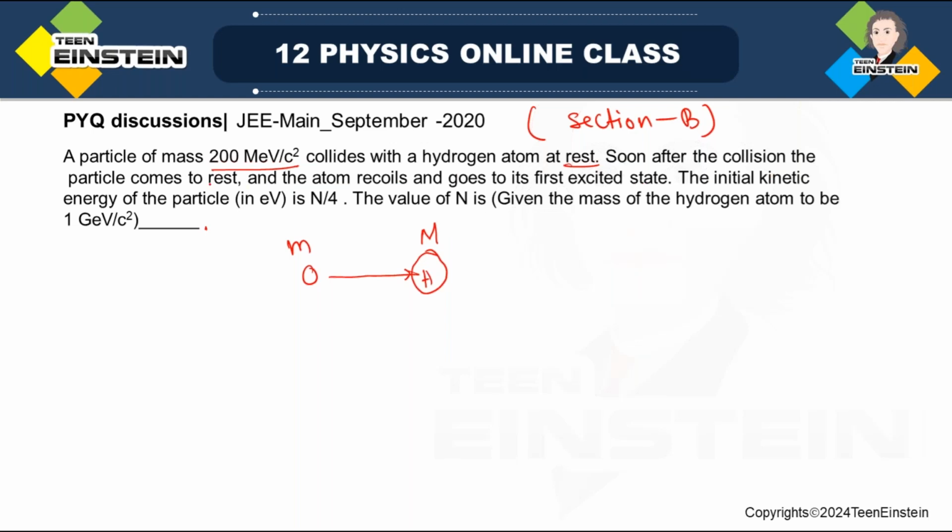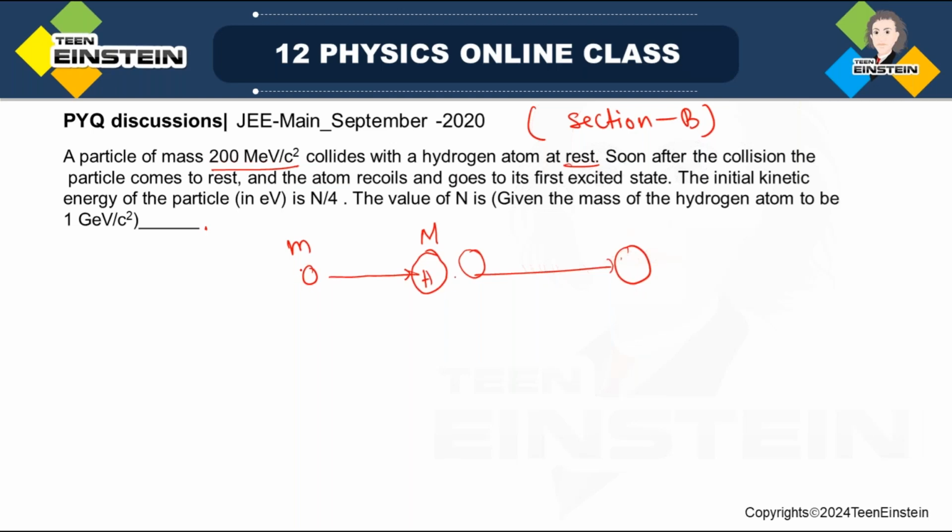Soon after the collision, the particle comes to rest. So after this collision happens, the particle comes to rest, but this hydrogen atom will have a certain velocity.